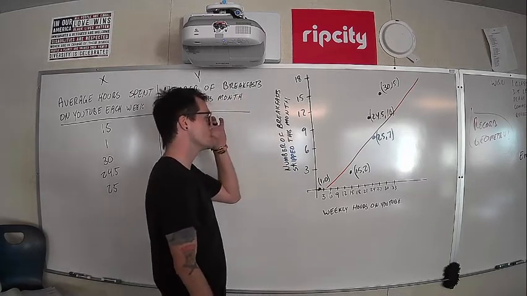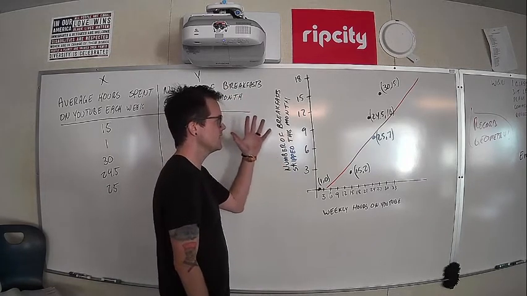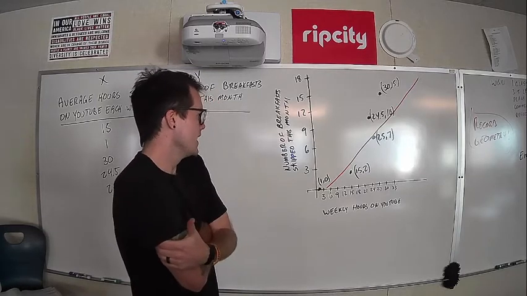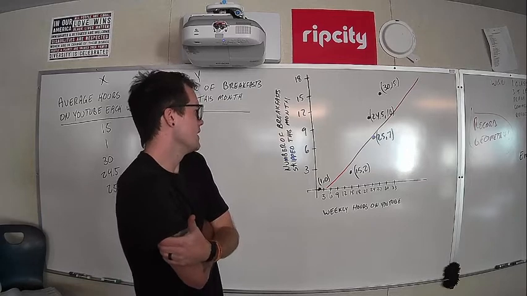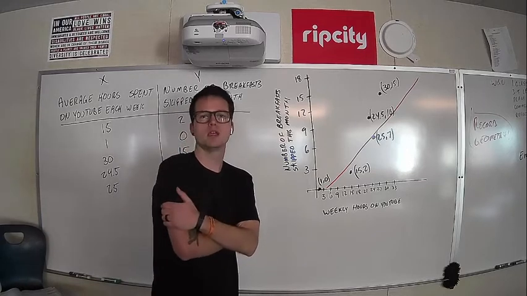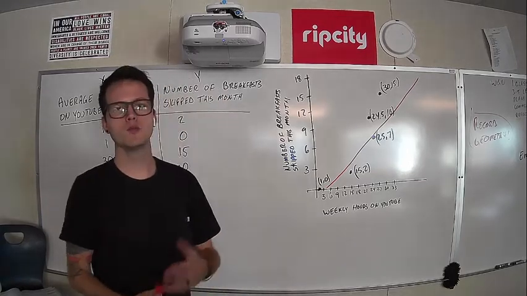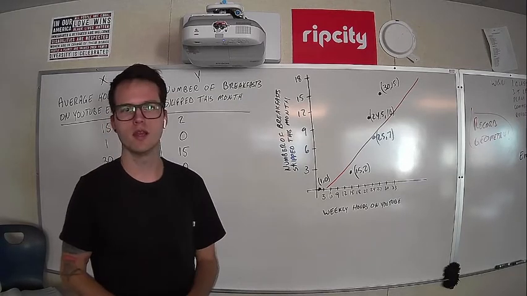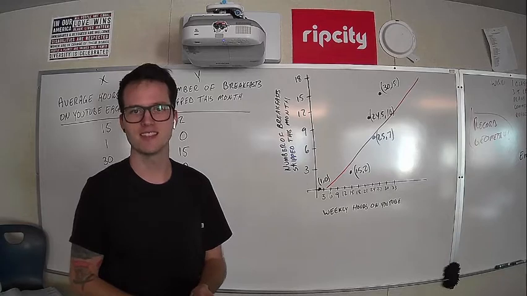And what we can use this trend line for is, say that we had a question, we were curious: if somebody were to spend 12 hours a week on YouTube, how many breakfasts would we guess that they skipped? Well, we can use our trend line to make a guesstimate here.